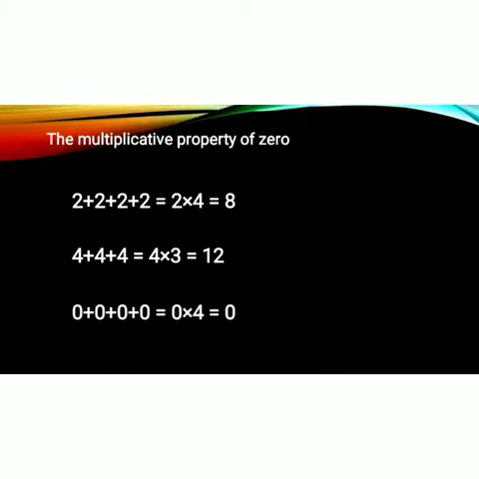This way you are doing the multiplication. 4 plus 4 plus 4 means 4 three times is equal to 12. But when we add 0 four times, then the answer will be 0. Means here whenever we multiply 0 with any number, the answer will be 0.